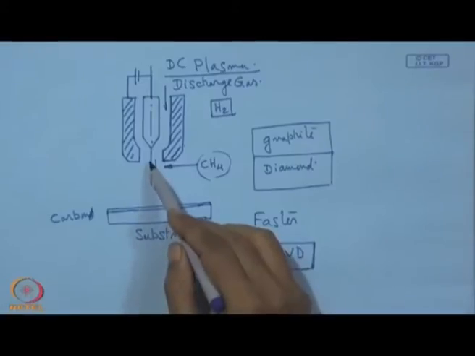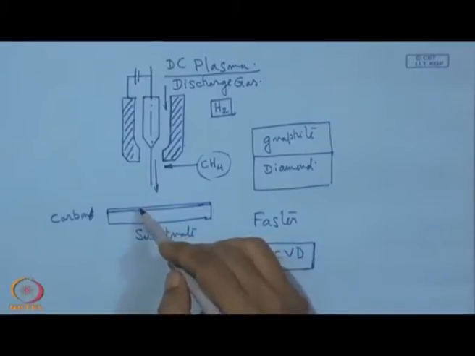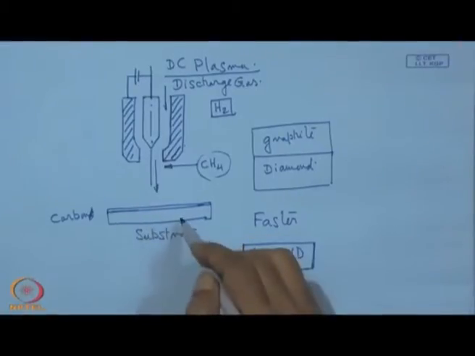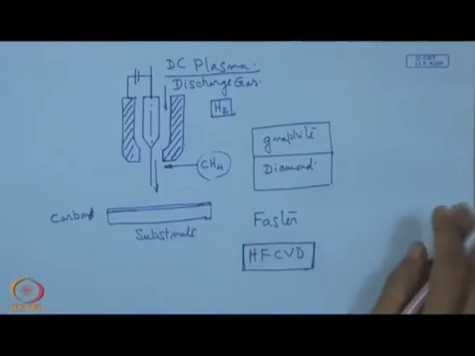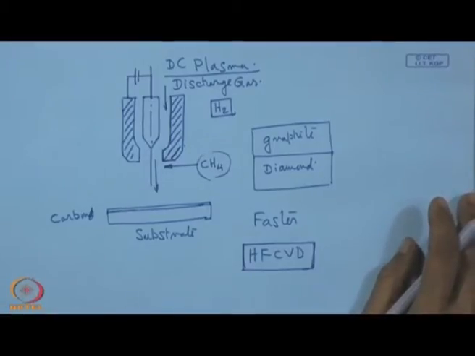It is directed and it is according to the stream velocity, which will be intercepted by this substrate surface, and deposition will be made. However, if we like to have this process on a complex geometry, in that case definitely hot filament CVD will be a better choice.